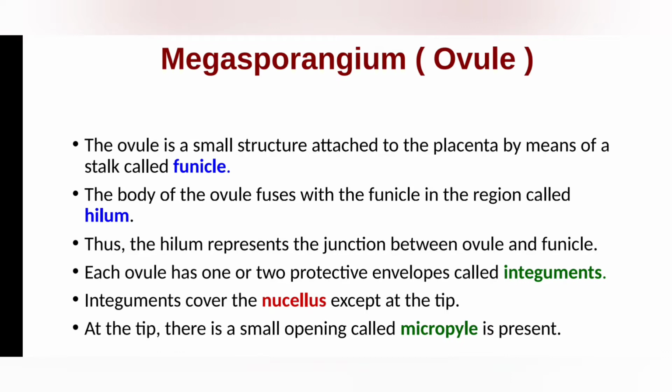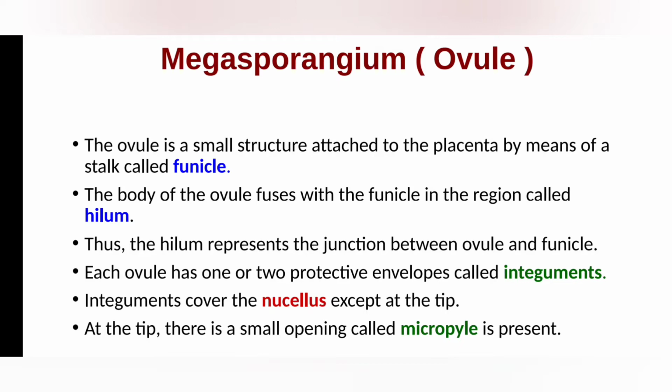The ovule is a small structure attached to the placenta by means of a stalk called the funicle. We have already learned that the ovule is attached to the placenta. But how is it attached? By means of a stalk called the funicle.